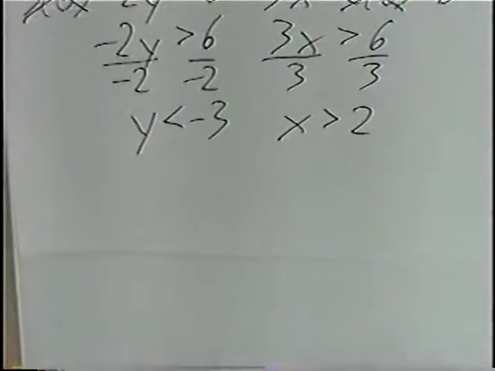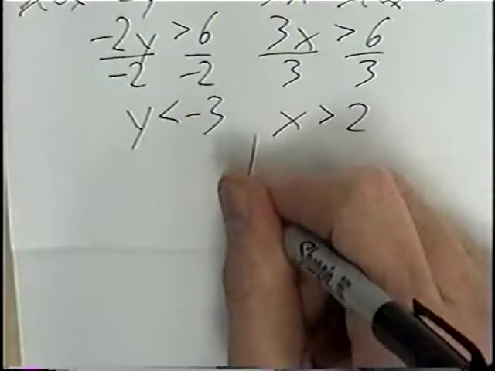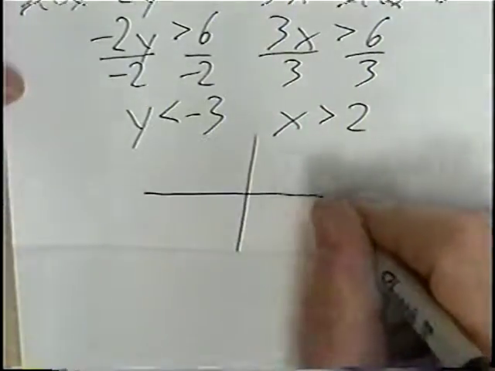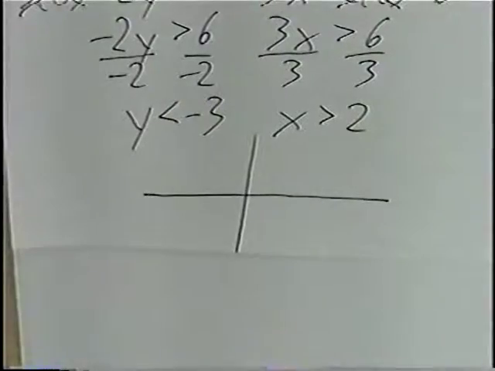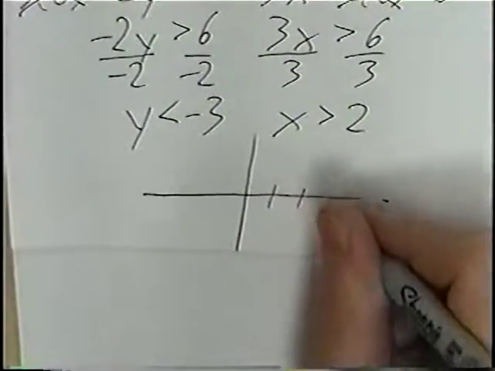Graphing from here, once we have both intercepts, negative 3 and positive 2, we can draw the xy graph. Our biggest number is negative 3, so we can go 3 spots in each direction.